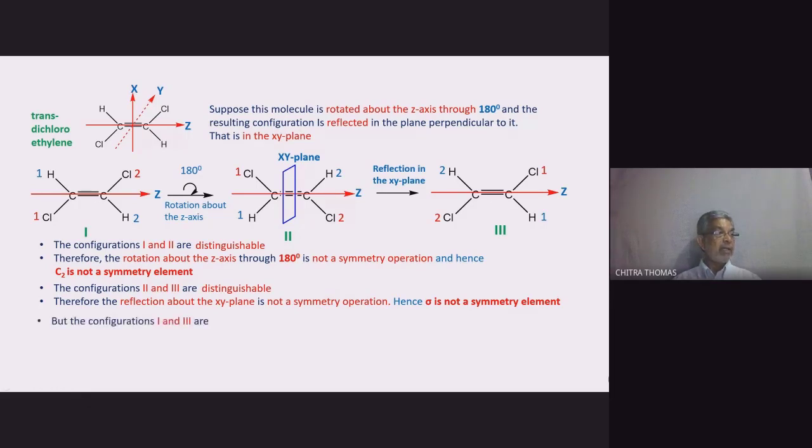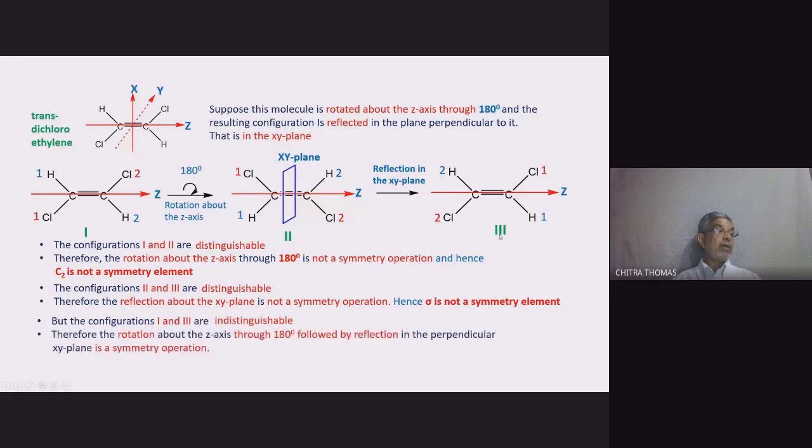Now you compare configuration 1 and 3. You've got hydrogen 1 on the left, hydrogen 2 on the left here, then Cl, Cl, H. So these two configurations are equivalent configurations. Even though they are not identical configurations, they are equivalent, and these two configurations are indistinguishable.